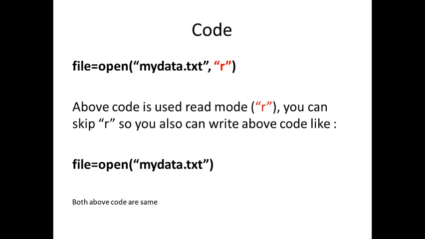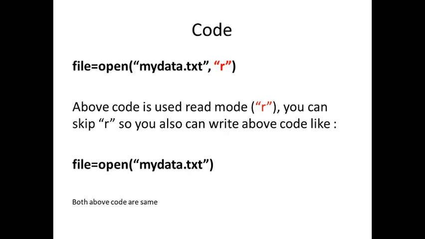Equal sign. Open is a function, and then we are passing two different things into the open function. First one is the file name, and another one is the mode of open. So the open mode is R. Okay, if you are not writing R, then both are the same, because if you're not putting R, by default this is opening as read mode.